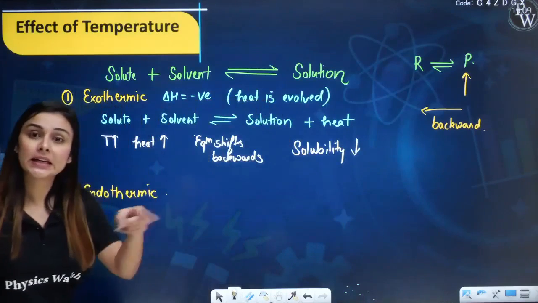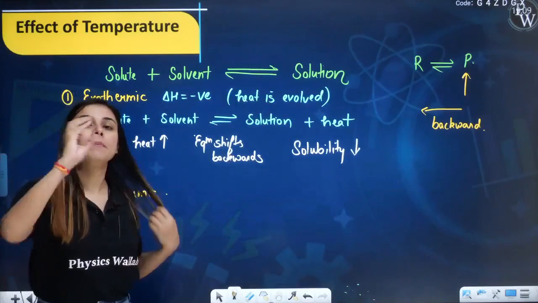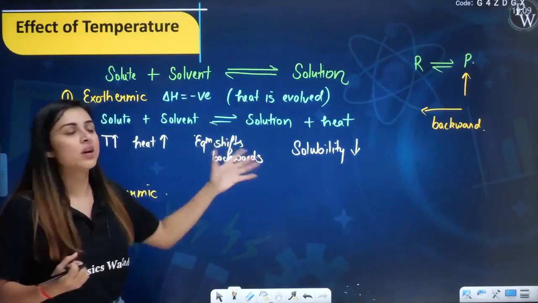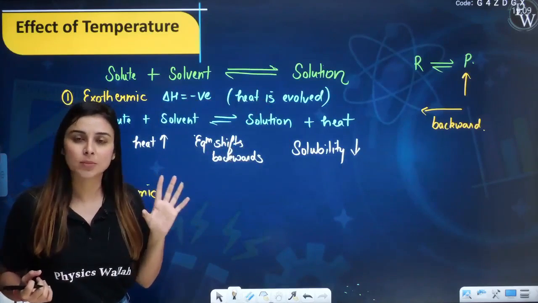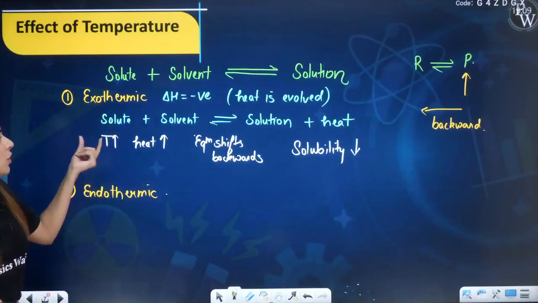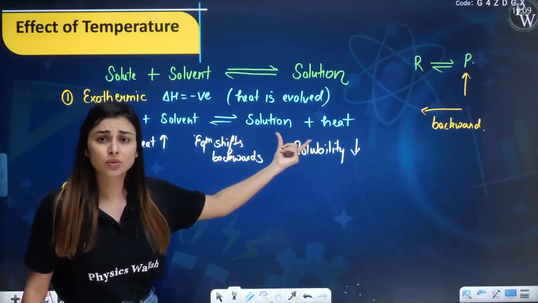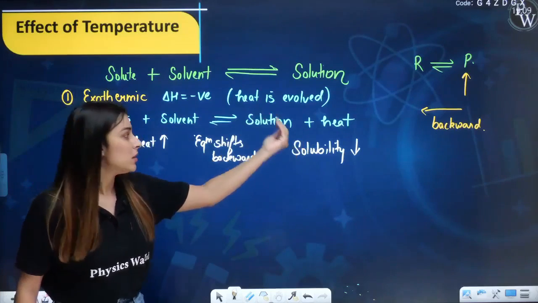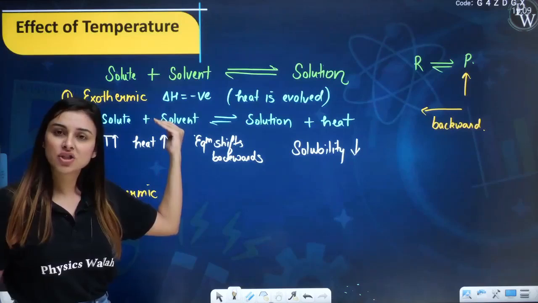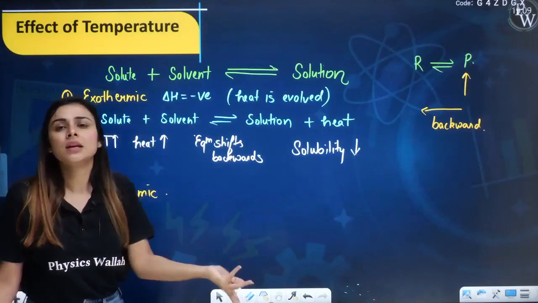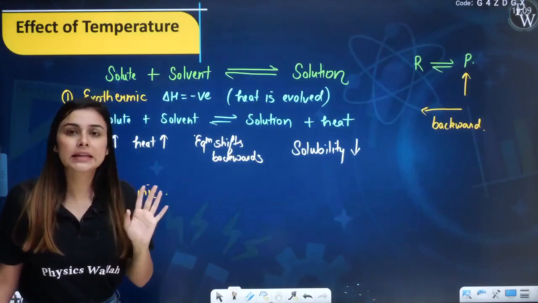So don't memorize it. Try to understand the concept. Very clear concept. Very easy. You're increasing the temperature. You're trying to increase the heat. You're trying to increase the product concentration. The equilibrium will shift backward because of the Le-Chatelier principle, and moving backward means that the solubility is actually decreasing, right?